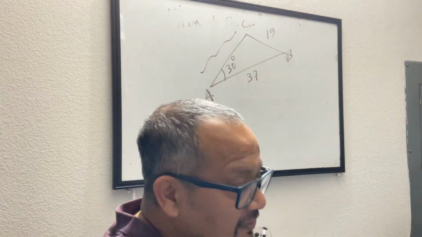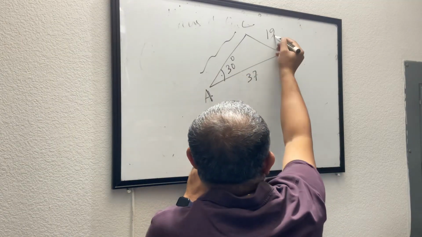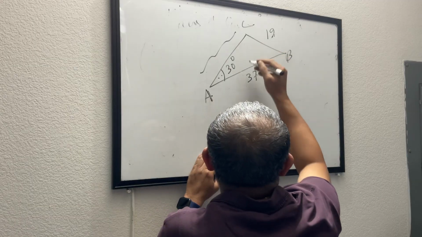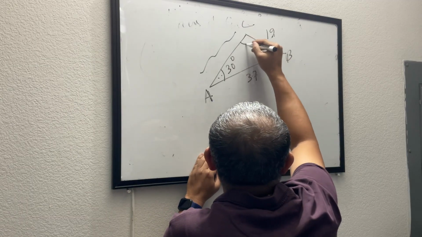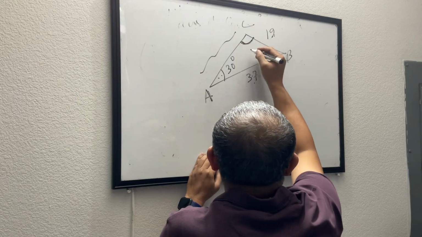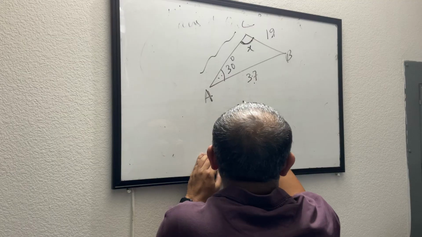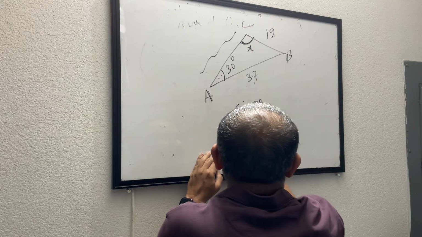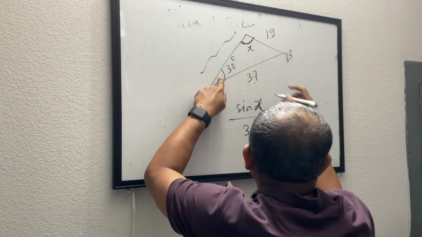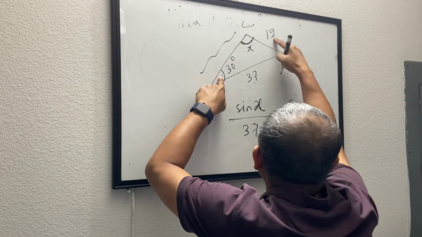So, from this one, what will you do? You have these two sides known and one of the angles opposite to a side. You can simply apply law of sine. Let's say this angle is opposite to this side, and let's say this is x. Sine of x divided by 37 will be equal to sine of 30 divided by 19.